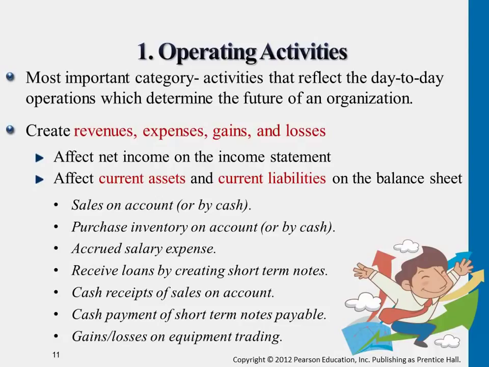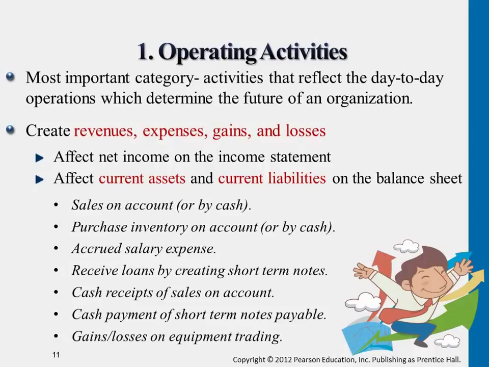Now the last bullet point here, gains and losses on equipment trading. Later when we go into examples, you will notice that this is usually listed at the very bottom of the multi-step income statement. Any gains and losses that we receive based on trading assets. Remember earlier in chapter 9 we were comparing the book value with the cash that we're receiving, and then comparing whether there's a gain or loss, which one has higher value than the other.